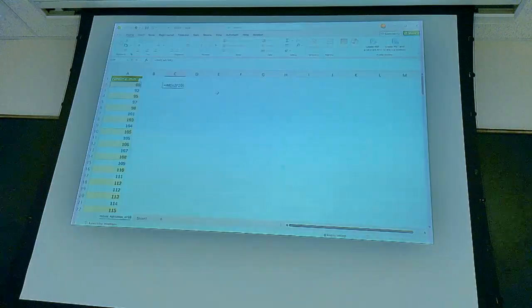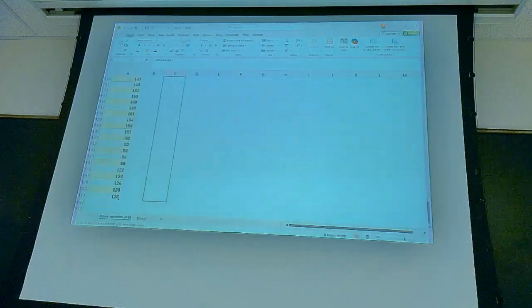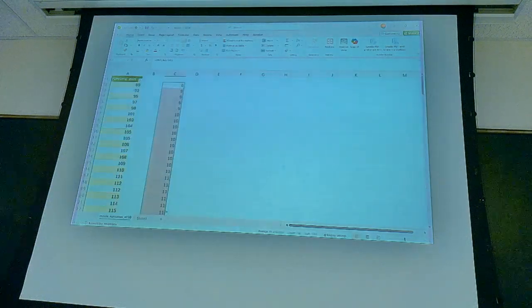Since we're saving the units digit for the leaves, just divide each value by 10 and take that integer. Scroll down to do everything.